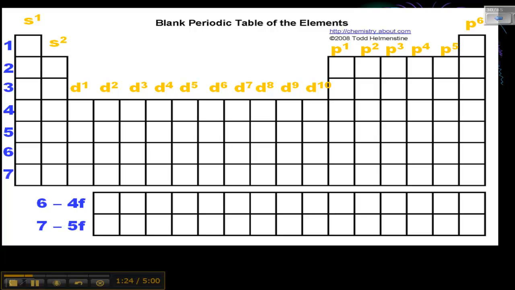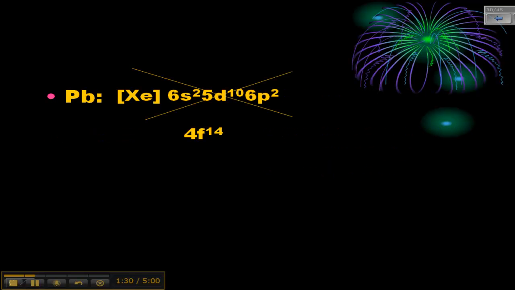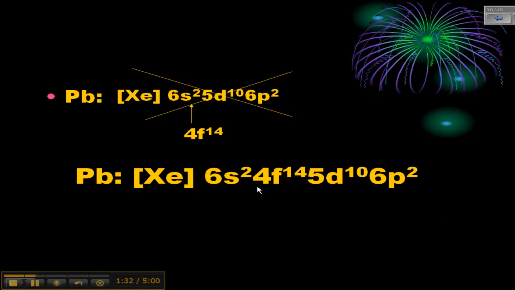Okay, so make sure you double check and count, because if you're off by 14, that's a pretty easy fix. So our 4f14 does go in after the 6s2. So our electron configuration for lead should be 6s2, 4f14, 5d10, 6p2.